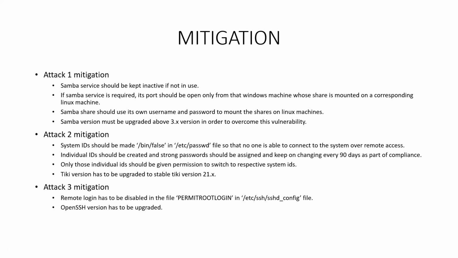For mounting purposes, we have to use a different username and password which is not used to log in to the machines. And if the client is happy to upgrade the Samba service, then we have to upgrade it to the stable version, which is the 3.x series.